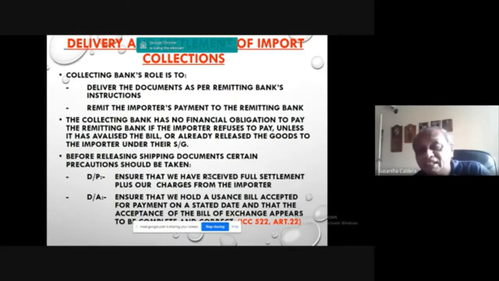This particular one is happening in a lot of banks, not only with lousy banks, even with some top rank banks.